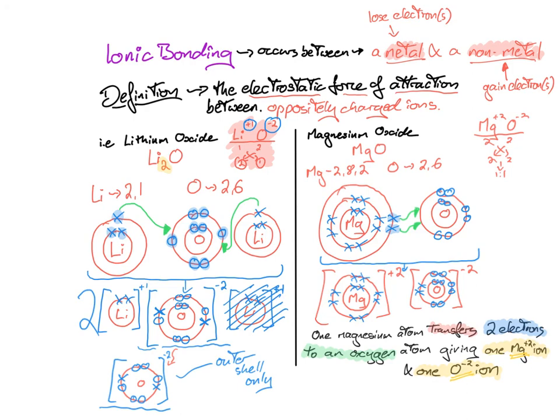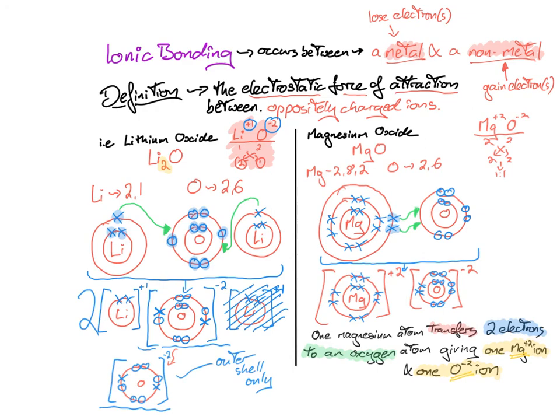So, ionic bonding. Quick recap. Ionic bonding occurs between a metal and a non-metal. Why? Metals have the tendency to lose electrons, non-metals have the tendency to gain, which is a very nice situation because the metal can transfer the electron or electrons to the non-metal. We need to get the ratios right so that everything ends up with full outer shells.